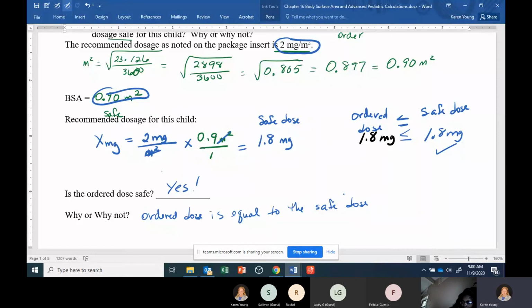So we've done the process before. So that's one of the reasons it's easier. And chapter 15 is just complicated. So this feels so much easier. Yeah. It's milligrams per meter squared that our safe dose is on this one.